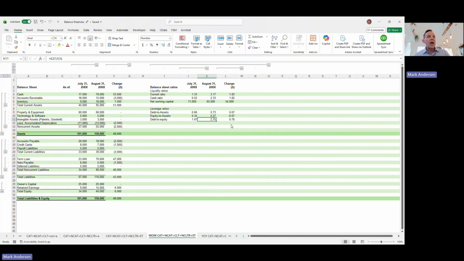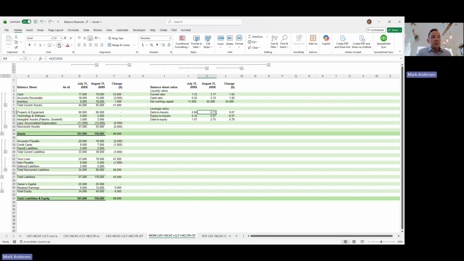Your debt to equity ratio is now such that there is 275% more debt than there is equity. That's what that ratio right there means. This one, let me highlight it, because this one can be a little harder to understand.